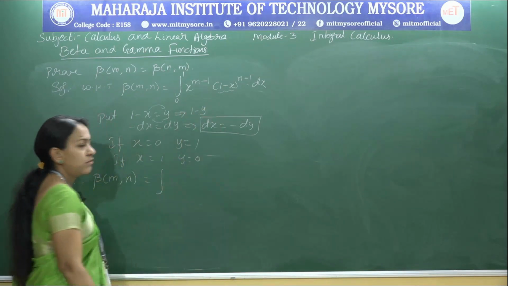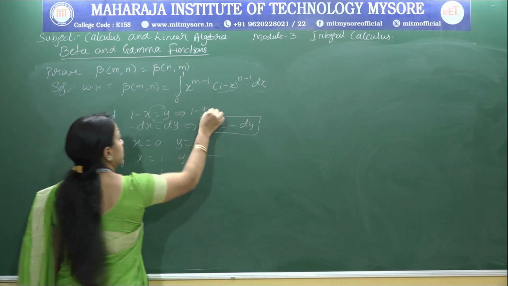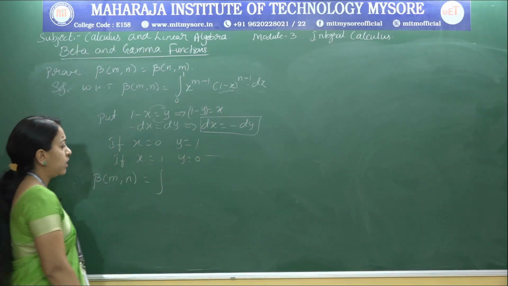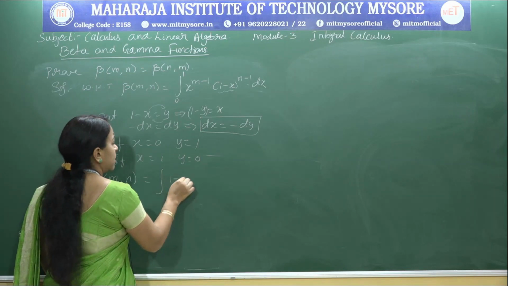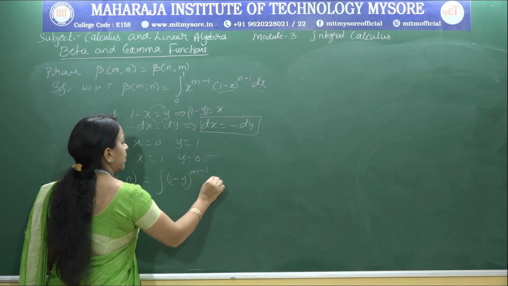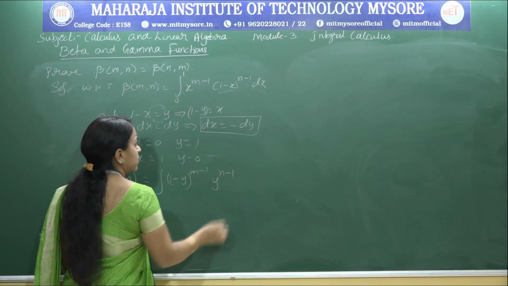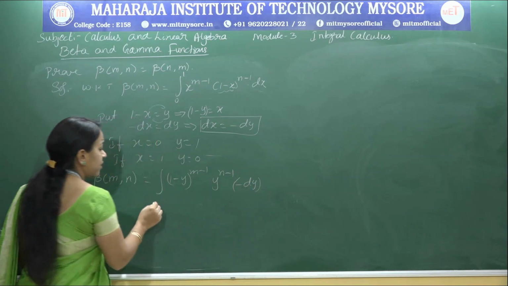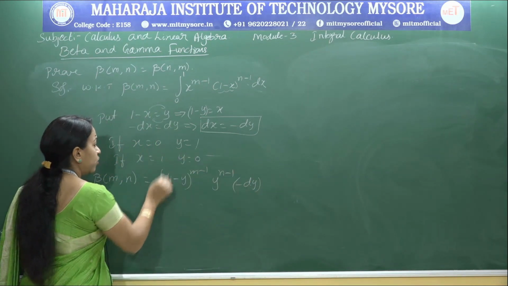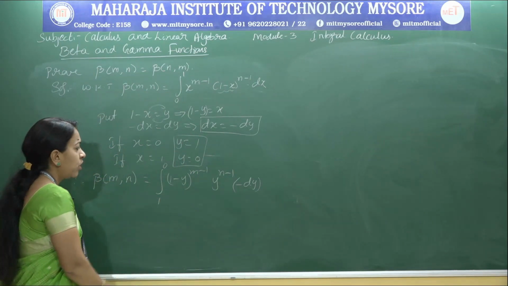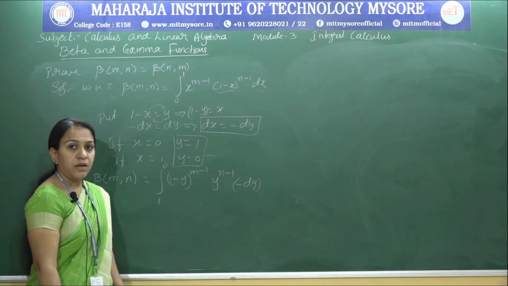1 minus y is nothing but x. So wherever I have x, that can be replaced by 1 minus y. That is 1 minus y whole to the power of m minus 1. 1 minus x is nothing but y to the power of n minus 1. dx is minus dy between the limit, yes, 1 to 0. The limit of y is 1 to 0, and I have a minus sign in the integral.